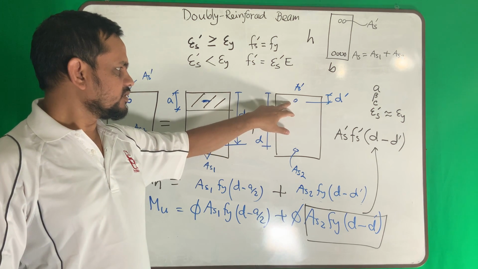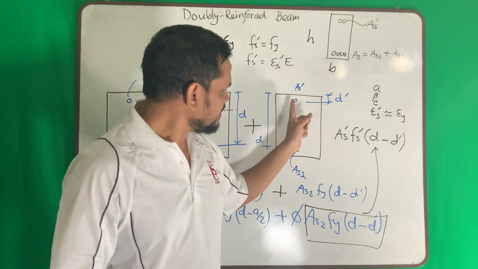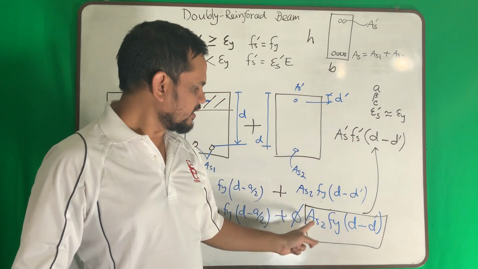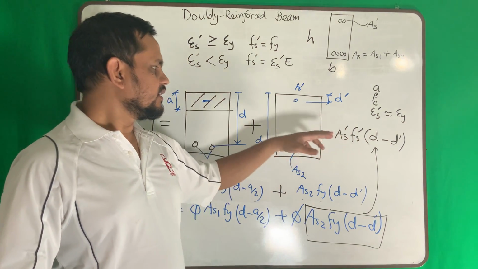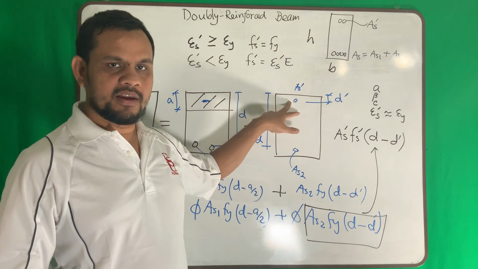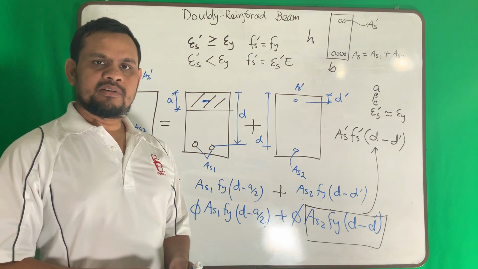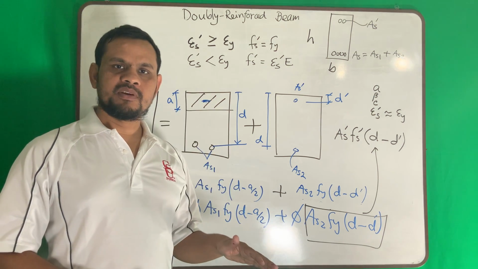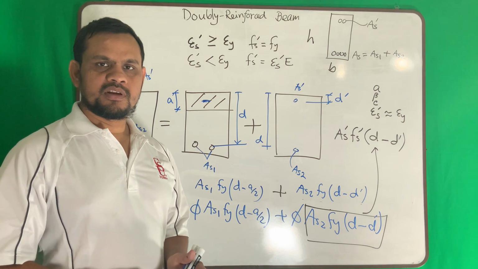If this reinforcement yields, then they will be equal, because if it yields, then it is Fy, and if this is the same thing, As prime and As2 will be the same. If it doesn't yield, then this reinforcement will be higher. Okay, so I will wrap up. In the next video I will discuss the design steps of a doubly reinforced beam, and soon after that I will discuss some examples. Thank you.